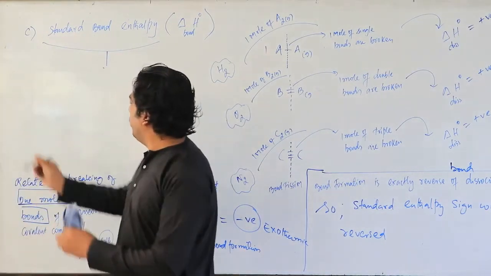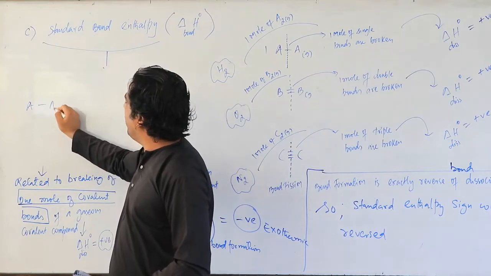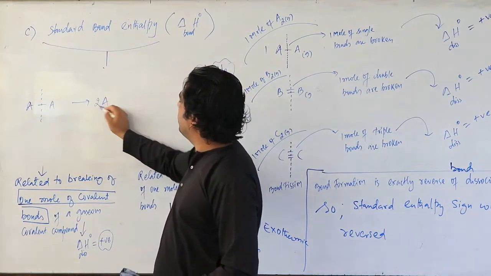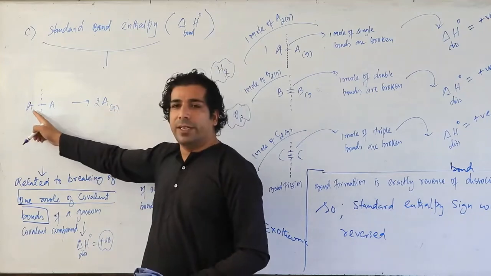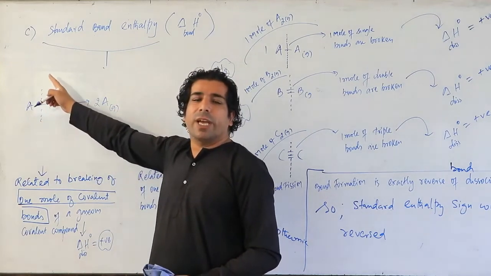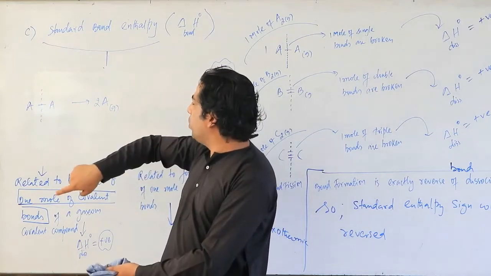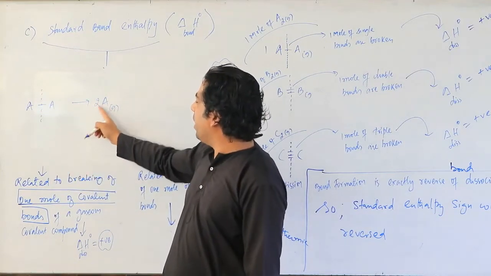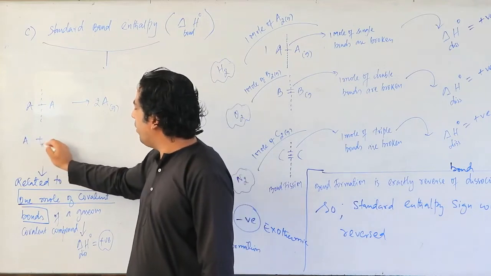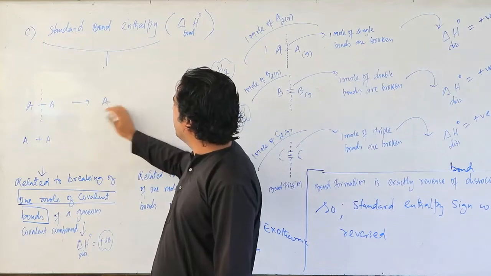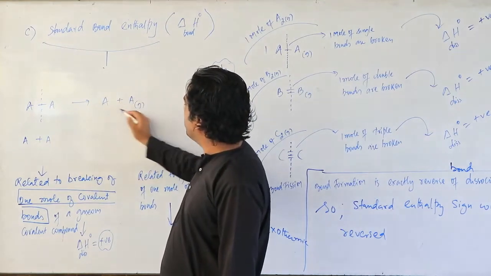Let us suppose you have A and A. I will break this particular bond, then I will get 2 times A in gaseous state. So here we are breaking 1 mole of covalent bonds. Now what is exactly opposite of this? How many times A we have? 2 times, so I will combine A plus A. That means we have 2 times A. I can also write it like this. A plus A, both are gaseous.